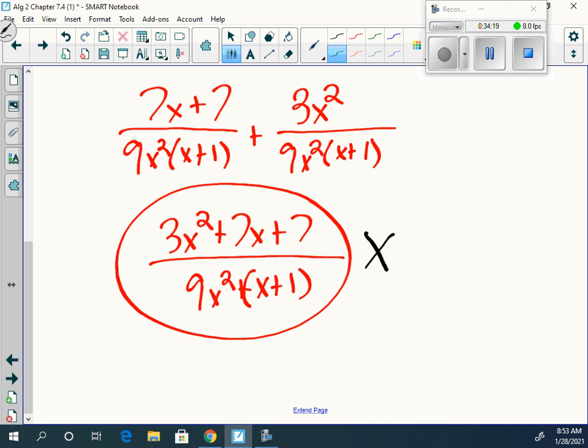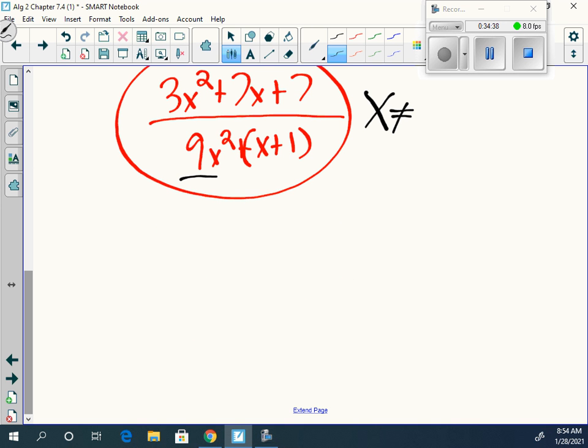Now, I do want to talk about restrictions. The homework may or may not actually ask for them, but it's good to get in the habit of remembering them. The denominator cannot be 0. So when we look at this, 9 doesn't matter because we're not plugging any values in for 9. The main ones we're looking at are x squared and x plus 1.